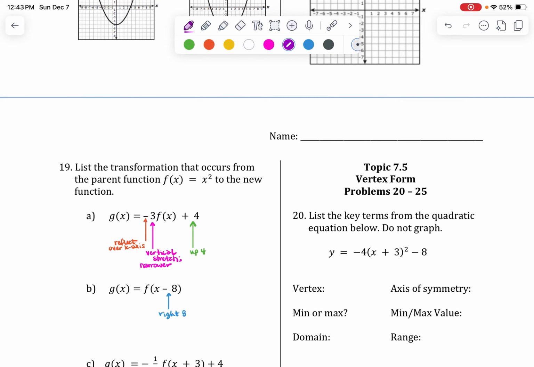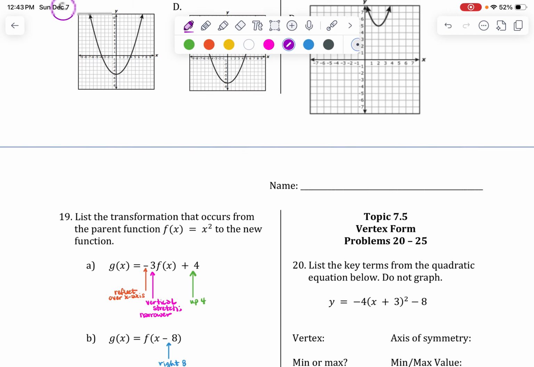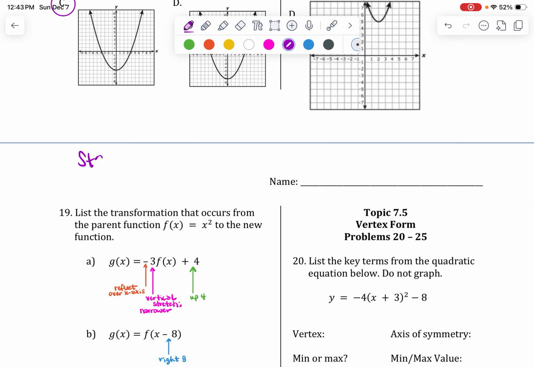Okay, welcome back. Topic number 5, or day 5, was vertex form, right? So I'm just going to write on the top of the paper here. Everything that we've looked at so far, when we were solving by graphing and by the quadratic formula and all that stuff, requires our quadratics to be in standard form, y equals ax squared plus bx plus c.